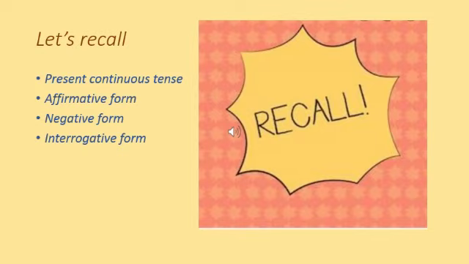The structure is is, am, are in the front, then subject plus verb first form plus ing, and then we have the object in the last. For example, are you eating an apple? So, I hope you get it now.